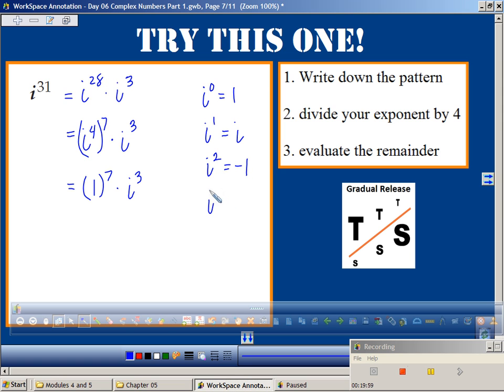And i cubed must be negative i. So my answer is negative i. Is it really that bad? No, it's 1 times itself 7 times, which is just 1. And i cubed is always negative i.